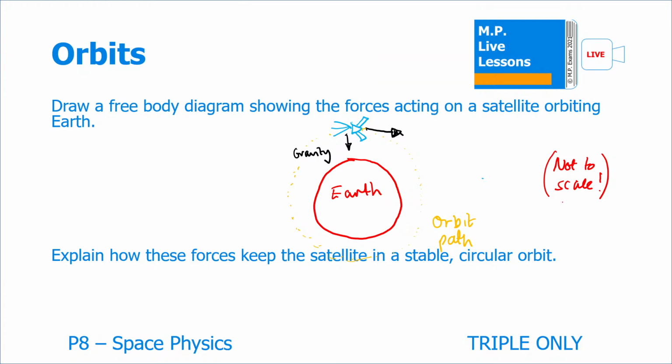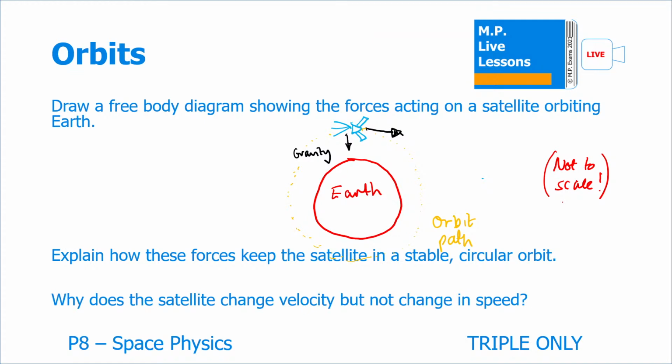Now, another question could be, why does the satellite change in velocity, but not change its speed? In other words, you could also say why it accelerates. So it changes velocity because, let's say, this, if you remember, is a vector, which is your size and direction. The size stays the same.